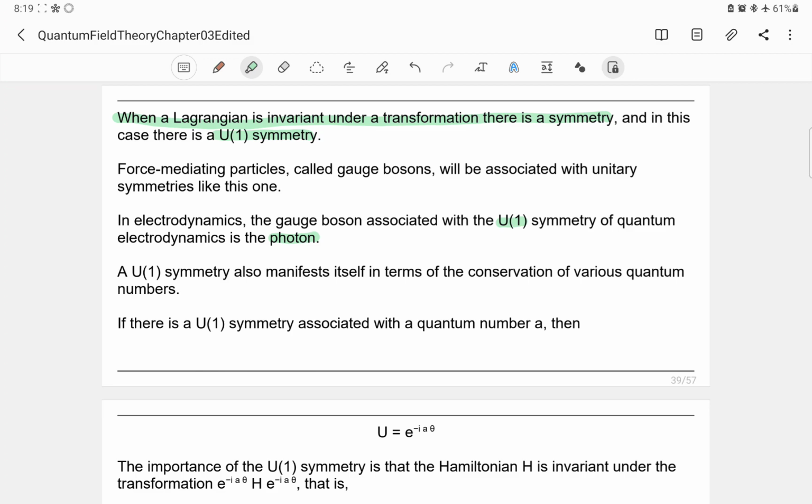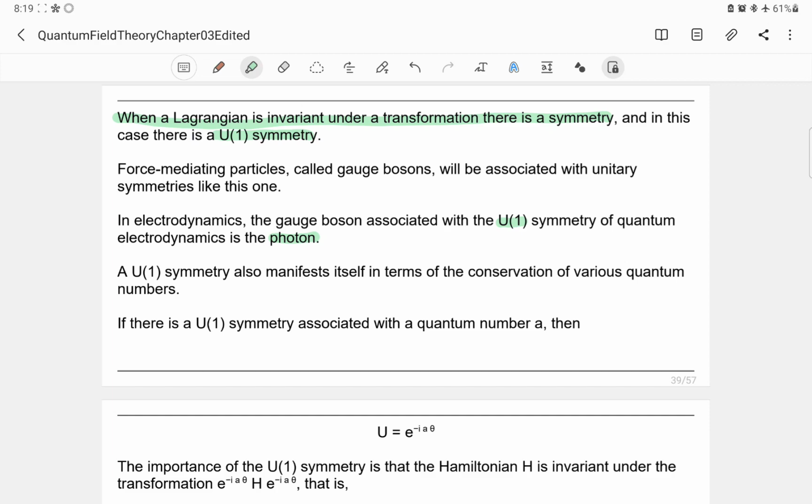For electroweak theory, your gauge bosons would be W plus, W minus and Z. And for the SU3 symmetry, that would have to be the 8 gluons.